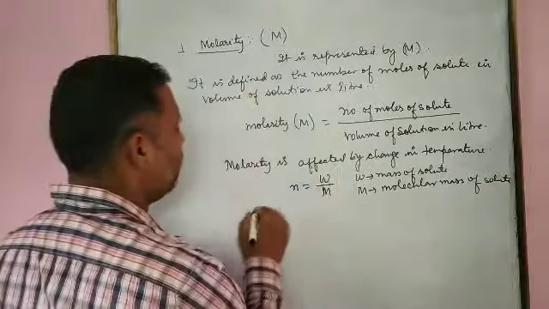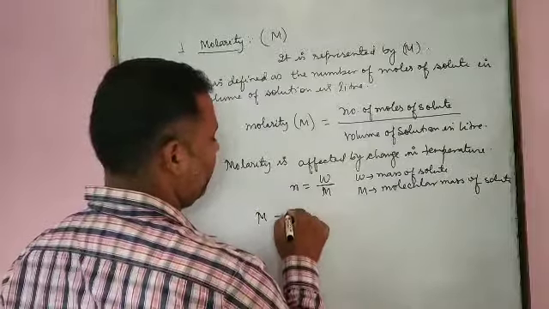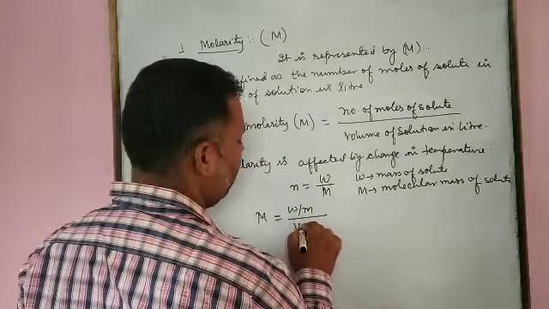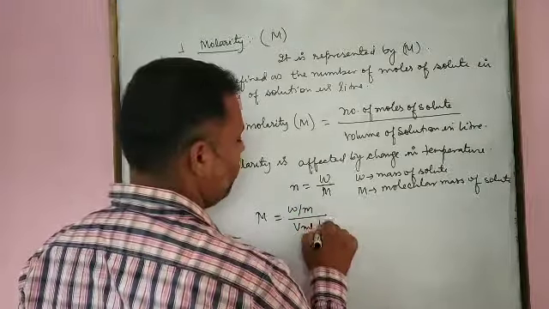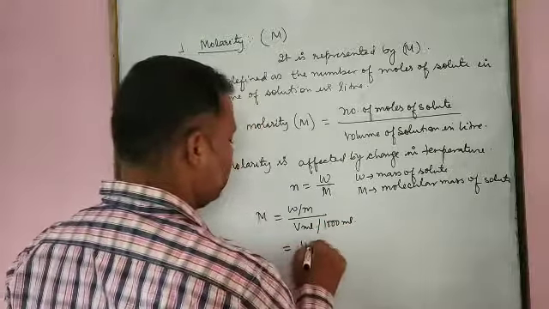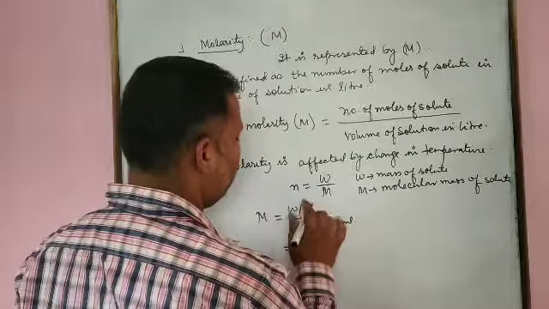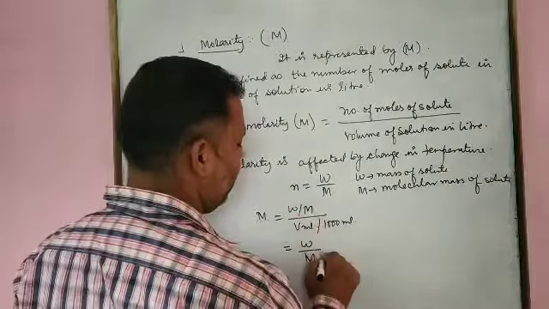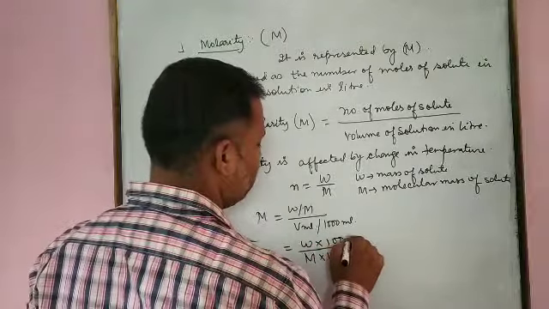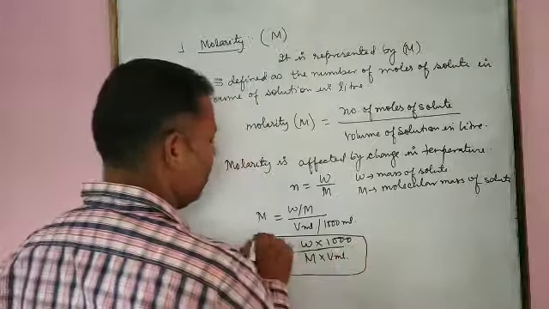It can also be represented as M equals W by M by V in ml divided by 1000, which is equal to W by M into V in ml, into 1000. This is all about the molarity.